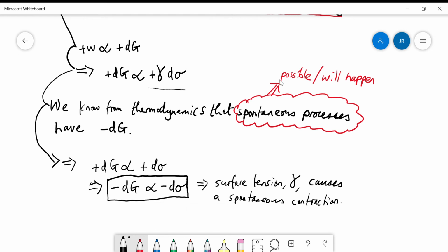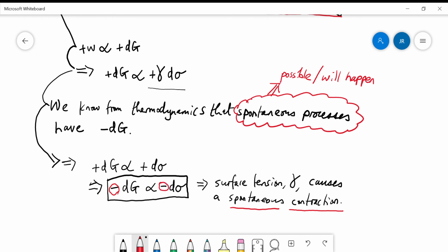So importantly, the way we're presenting it here, there's a contraction force that's spontaneous, and that's because we have this negative change in Gibbs free energy related to a negative change in surface area.